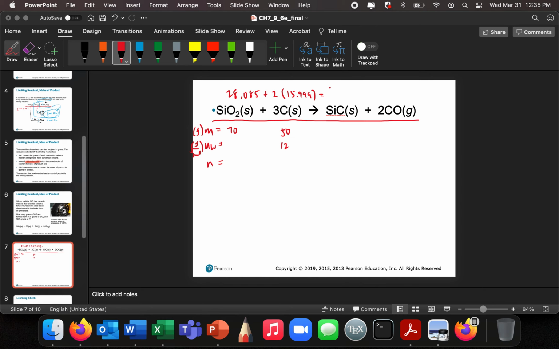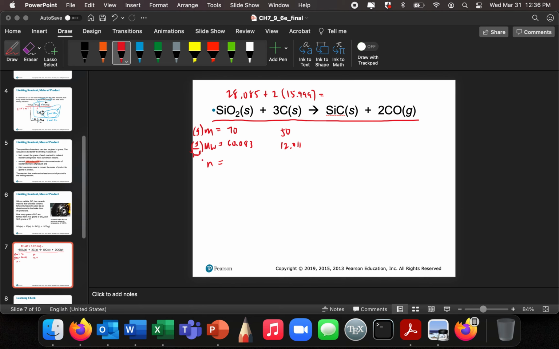I'll do this in my calculator, which you cannot see, so you can take my word for it. 28.085 plus 2 times 15.999, 32 plus 28 is 60, so this ought to give me something close to 60, and it does: 60.083. And carbon is 12.011, because we just looked it up in the periodic table.